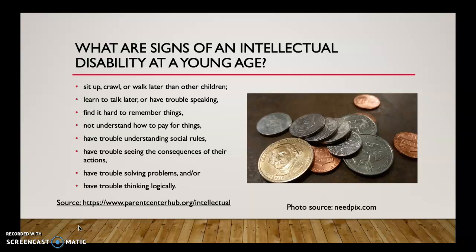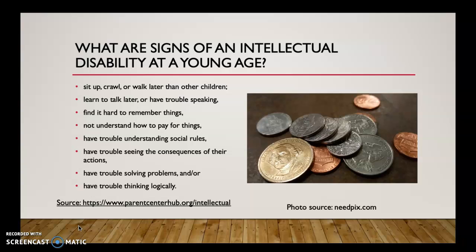People with intellectual disabilities may find it hard to remember things. They might not understand how to pay for things and count money. They often have trouble understanding social rules, seeing the consequences of their actions, solving problems, or thinking logically.